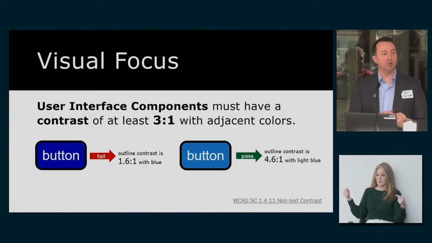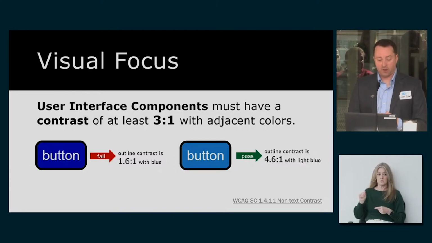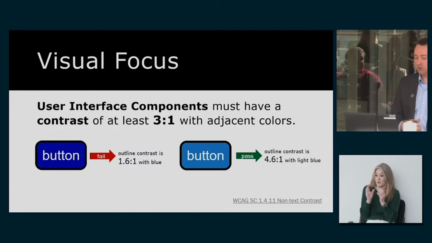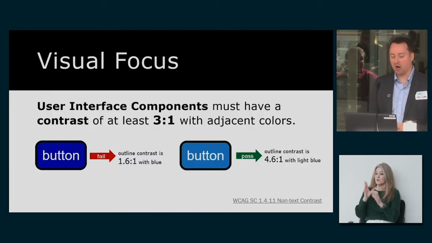So in WCAG 2.1, they added this guideline that actually gave you a number to target, a magic number. User interface components must have a contrast of at least 3:1 with adjacent colors, colors that touch.